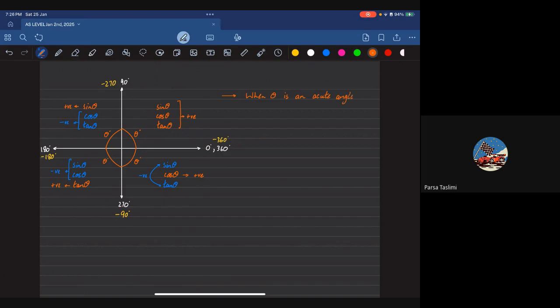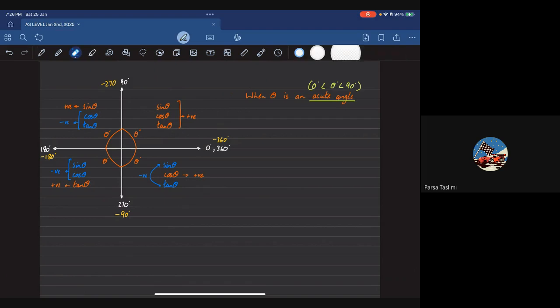And by acute angle, what do we mean? Something between 0 and 90. So it's not a right angle. Something which is less than 90, greater than 0. That is what an acute angle is supposed to be.